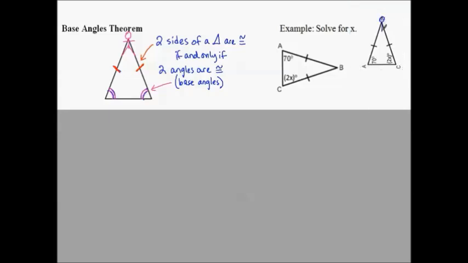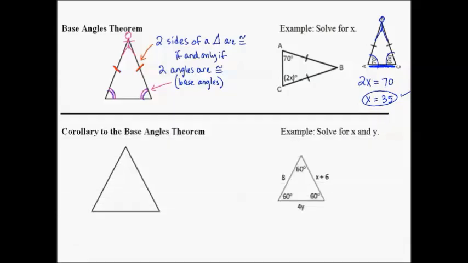If these are his two legs, the legs are congruent, here's the base, these angles have to be congruent. These are the base angles right here. So using the base angles theorem, I know that 2x has to equal 70, and then dividing by 2, I know x has to equal 35. That's a way to use the base angles theorem.